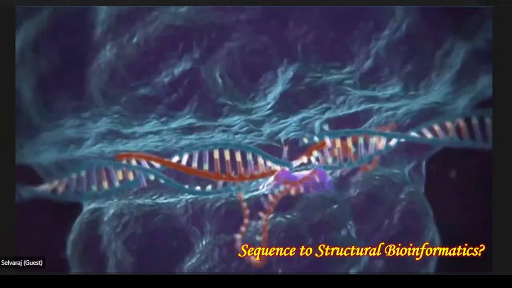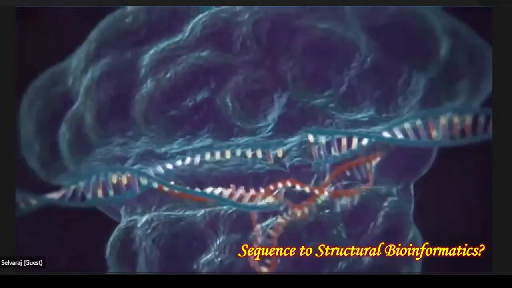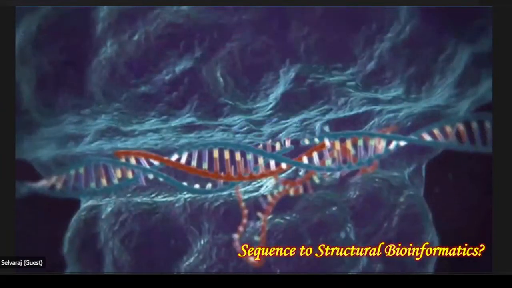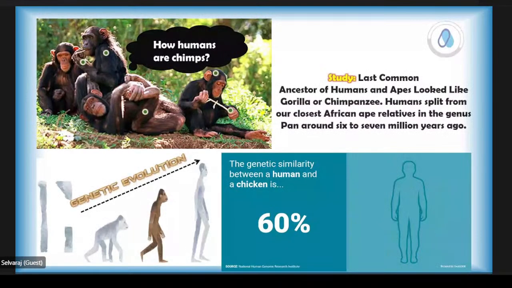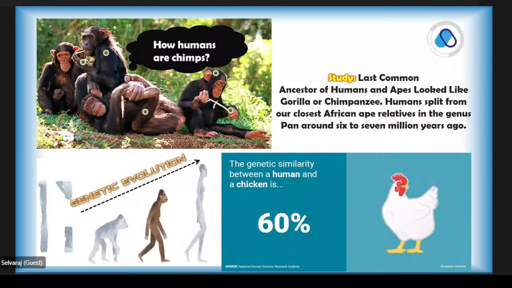Say somebody is checking and depositing a sequence in GenBank. How will we find out about that sequence? We can take it as a model. Here is just an example. We are always saying humans are closely related to chimpanzees. How do they identify this? They take the sequence of the chimpanzee and the sequence of the human, analyze the sequence similarity, and check that chimpanzees and humans are 96-97% similar.